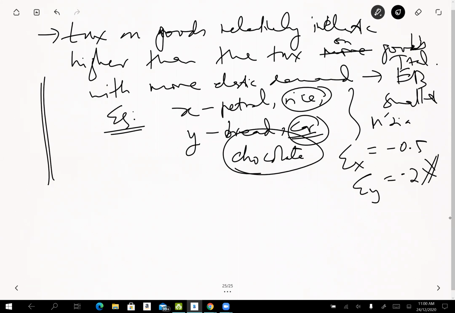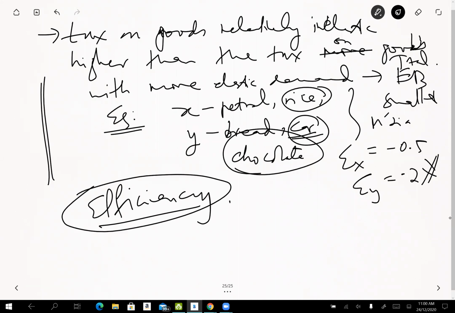Okay, now any problem with the rule? This is the efficiency rule, okay? This is efficiency because you want to minimize the excess burden, so that is efficient, it is optimum. You want to have an efficient tax system.